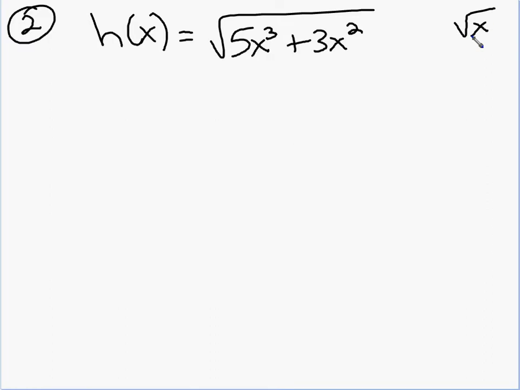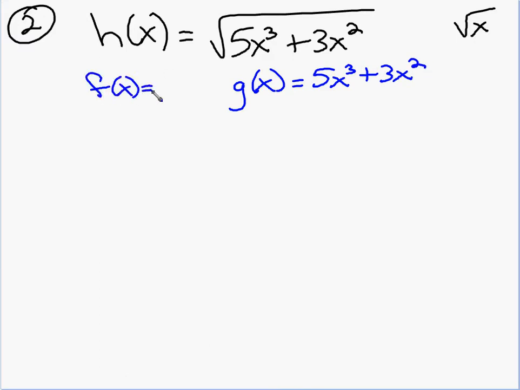Because look, I've got an inner mess and an outer mess. Okay? I think it's always easier to find the inner mess first. So let's identify those. What is my inner mess? What is my g of x? Very good. 5x cubed plus 3x squared. So that means my outer function is just the square root of x.